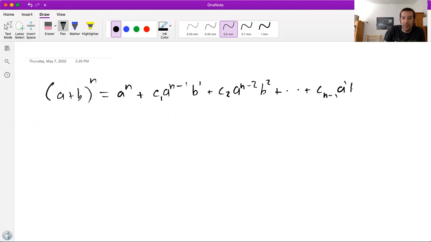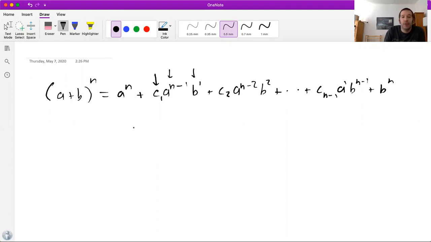And this is going to look like this. The last C is a 1, and then this is going to be no A, it's going to be B to the n. So they look like this, but the trick to remember is that there are three components to each one: a coefficient, some power of A, some power of B.